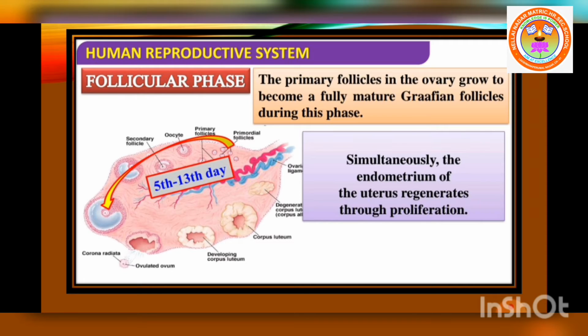The follicular phase extends from the 5th day of the cycle until the time of ovulation. During this phase, the primary follicle in the ovary grows to become a fully mature Graafian follicle, and simultaneously the endometrium regenerates through proliferation.